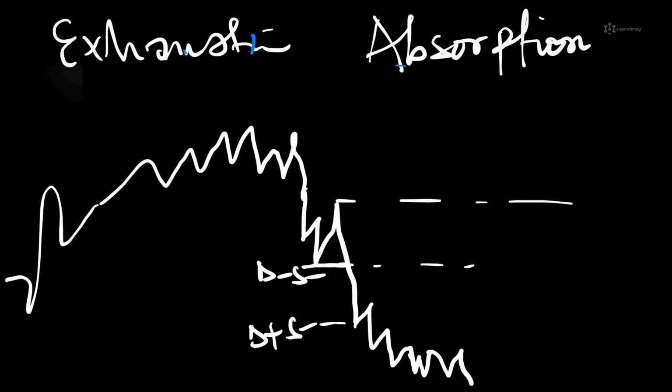So let's say the value here is D minus S minus, this one here. Sorry. Pay attention to what I want to say here.